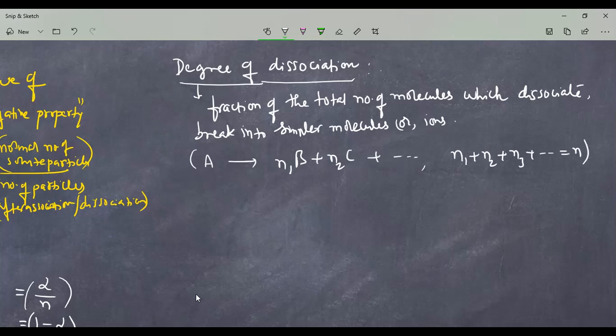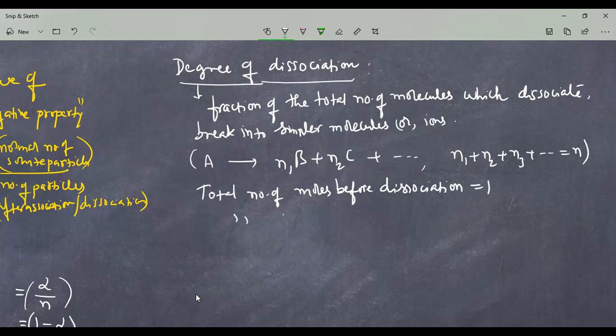Now, the total number of moles before dissociation is how much? 1. Total number of moles before dissociation is equal to 1.